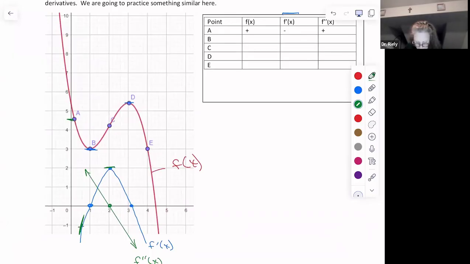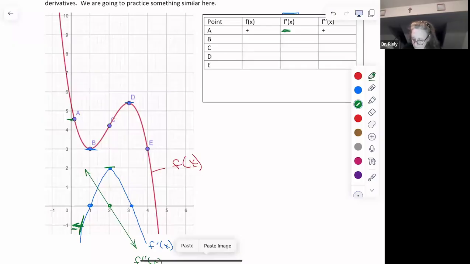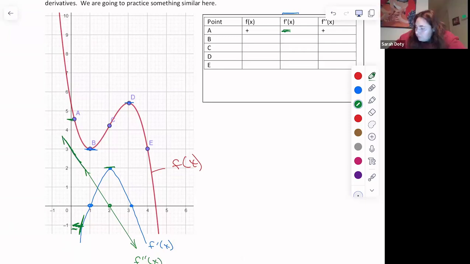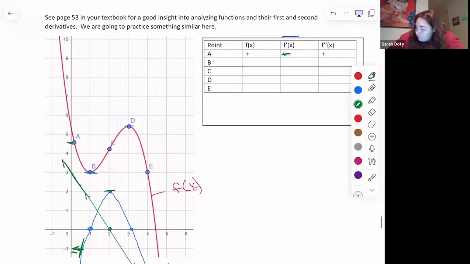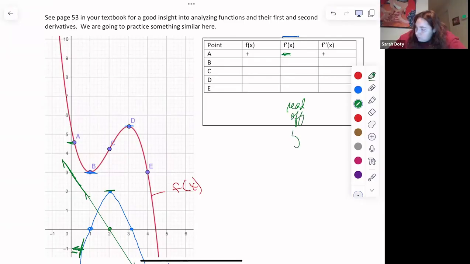It would be all the way down here. So you would be reading negative values because that's the slope at that point. That's why that's a negative. Then your next one, your f prime prime of x, that's going to be up here. That's going to be a positive value. So you read off the y-axis. So we're reading off y for all of these.